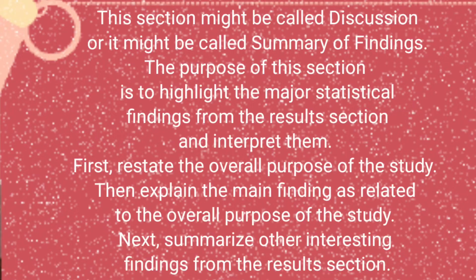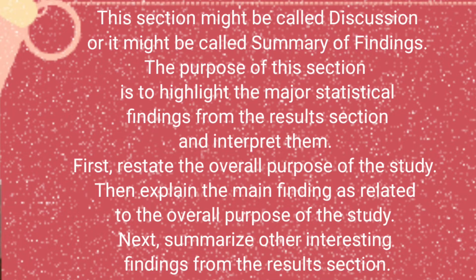According to an article by Katrina A. Korb written in 2013, this part of Chapter 5 is termed sa iba as discussion of results or sa iba nga ay summary of findings. Now, the purpose of this section is to highlight the major statistical findings from the results section and interpret them.